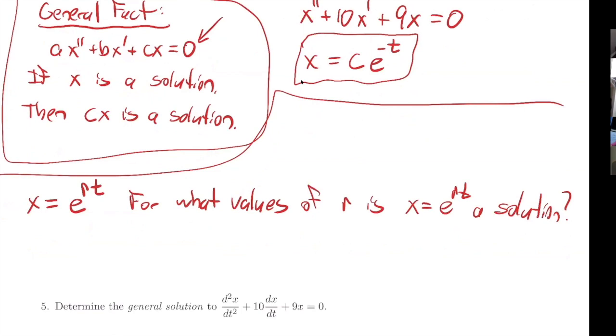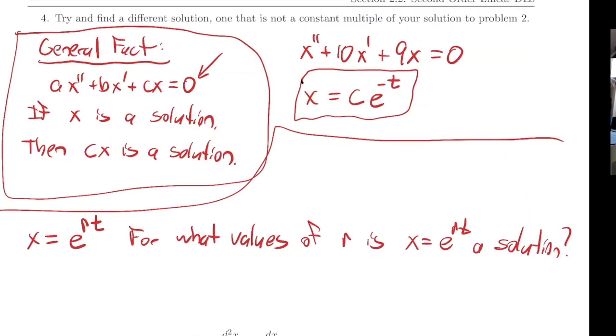And we've solved problems like this already, right? We had some of these, I think, on the first homework maybe. So what can I do to figure out what values of R are going to guarantee that e to the RT is a solution? What does it mean to be a solution to a differential equation?